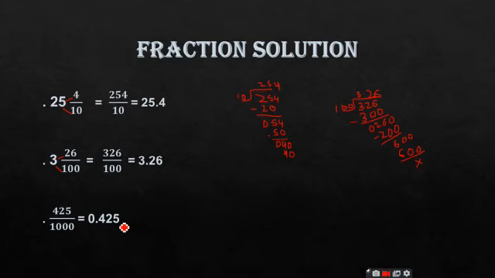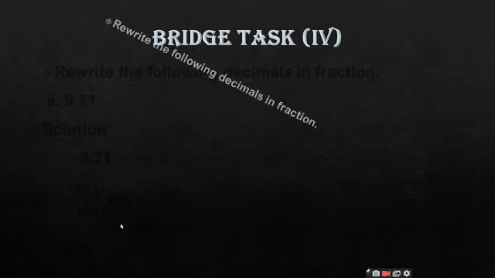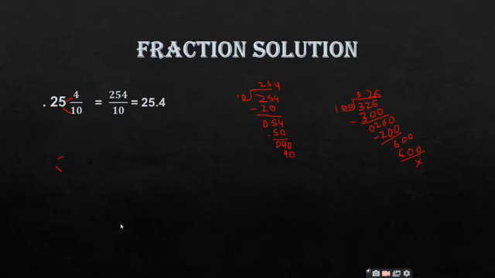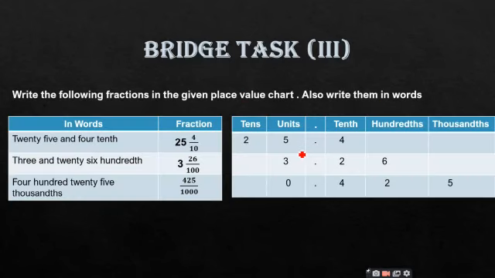So let's write them in a place value chart. I've already written them in a place value chart: 25.4, 3.26 and 0.425. Now we have to write them in words. So how can we write the decimal numbers in words? Let's check.